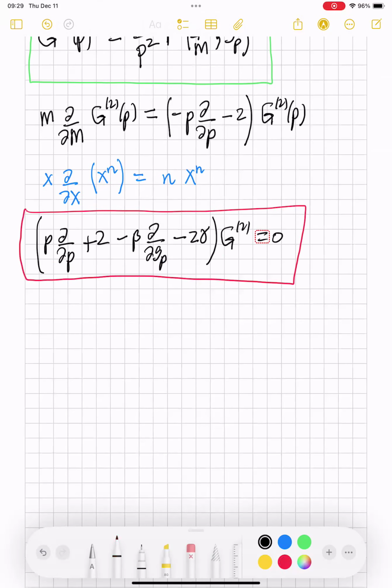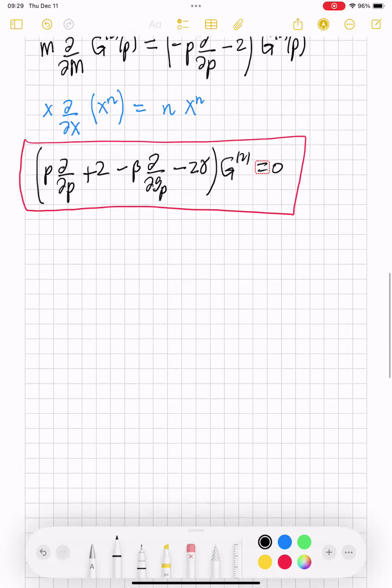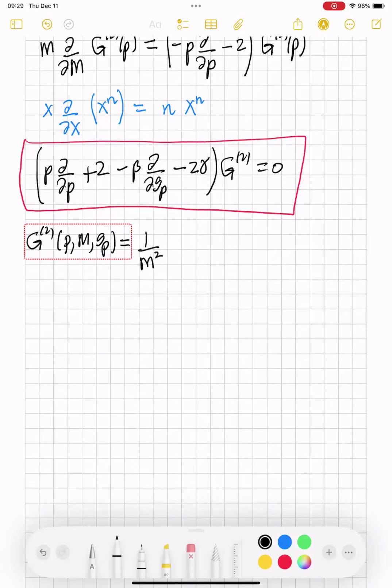So the solution to that equation takes the following form. G2, let's give its full dependence: it depends on p, it depends on m, and it depends on the physical coupling. This is equal to 1 over m squared, no big shock, that is just getting the dimensions right.